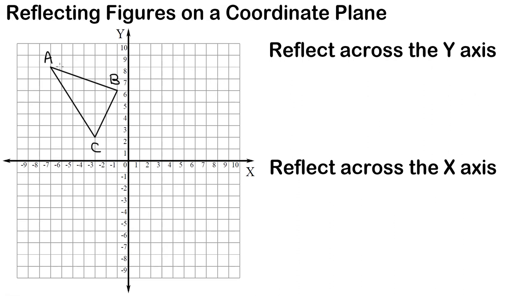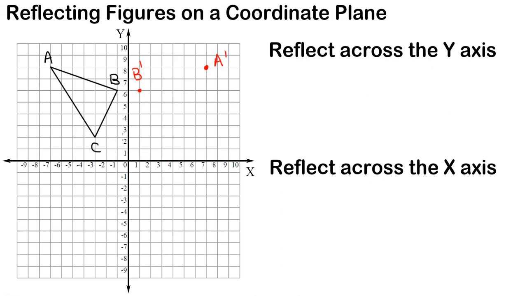So when I'm looking to reflect A across the y-axis, all I have to do is notice that A is 7 steps to the left of y, so A prime will end up 7 steps to the right of y. So this is the location of A prime. B is 1 step to the left of y, so B prime will end up 1 step to the right of y.